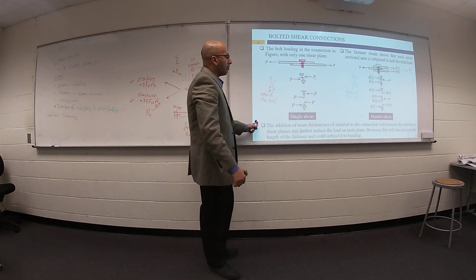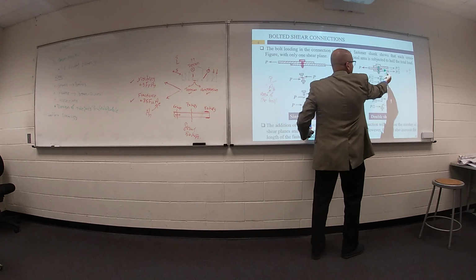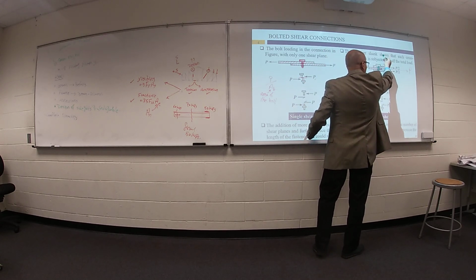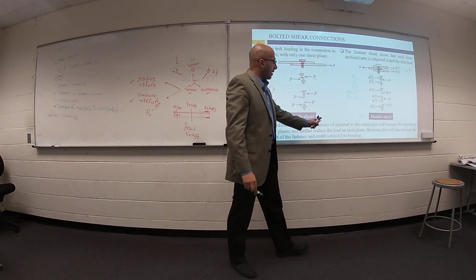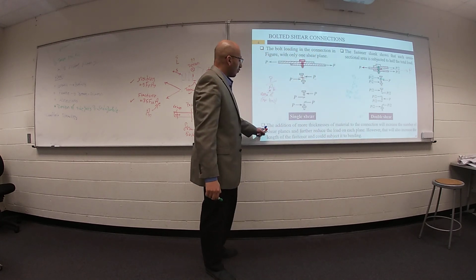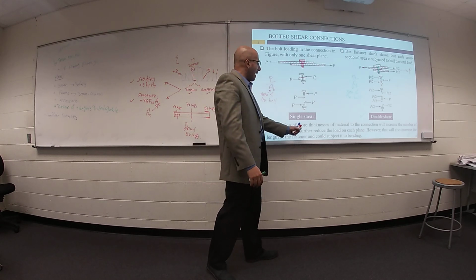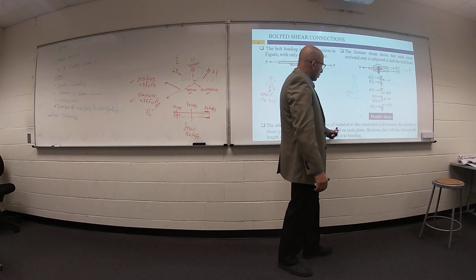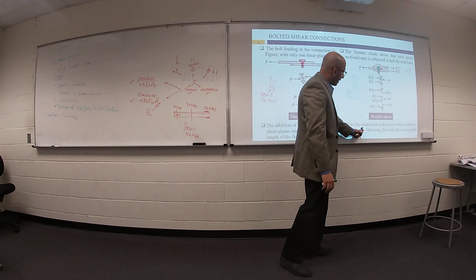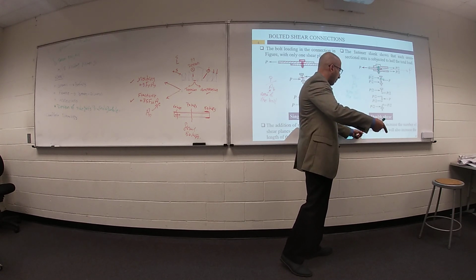So the addition of more thickness, more layers of material, one, two, maybe three, maybe four, to the connection will increase the number of shear planes, double shear, triple shear, and further reduce the load on each plane. That's fine. Reducing the load means reducing the stress on the bolt.